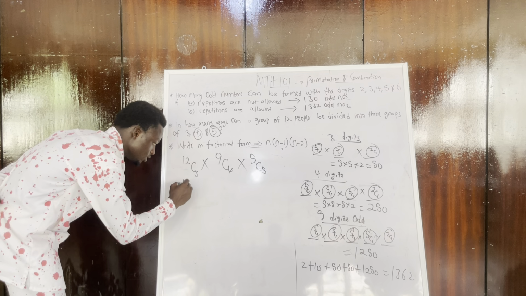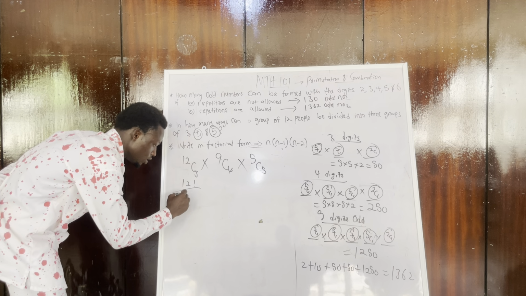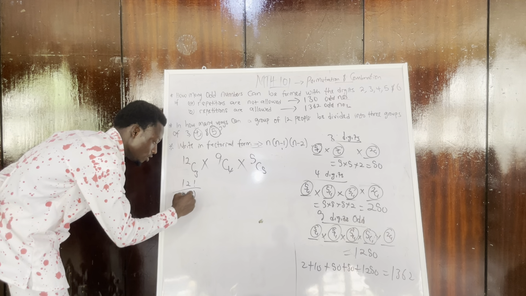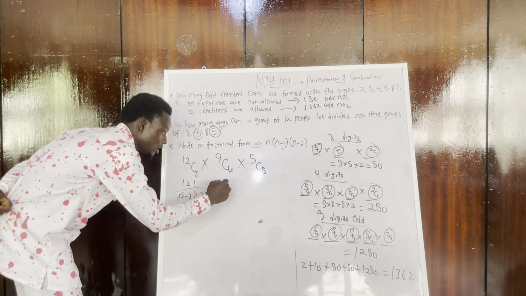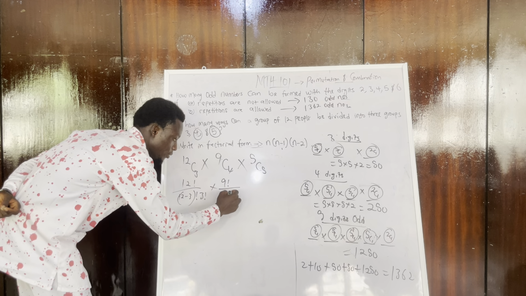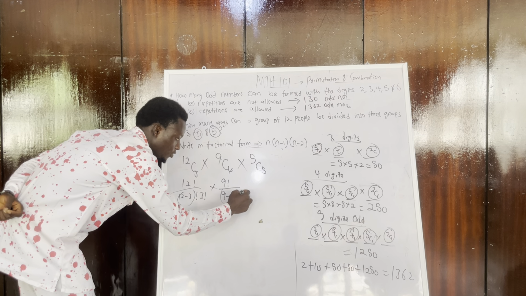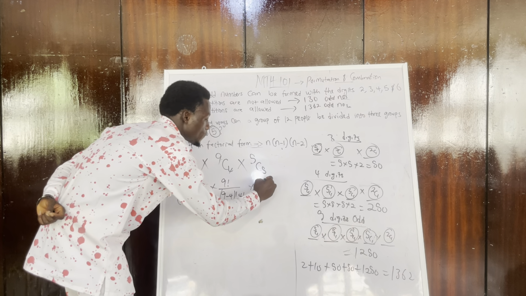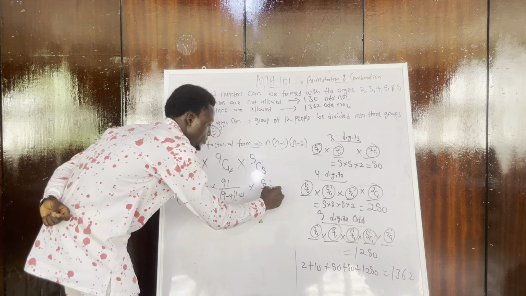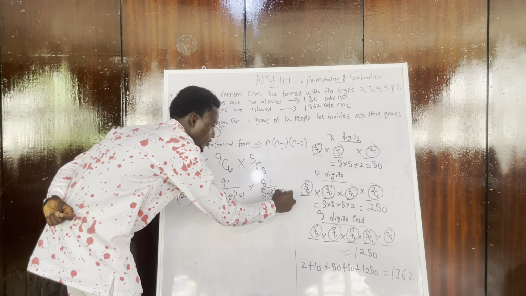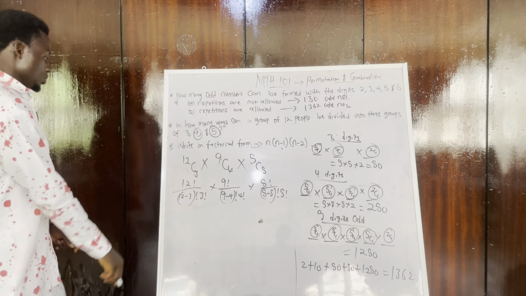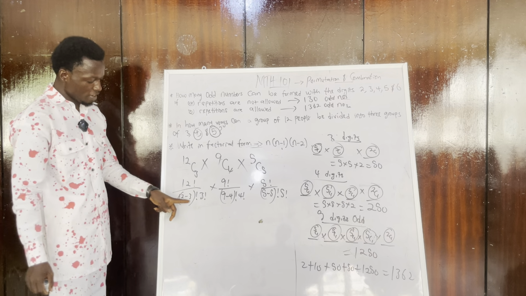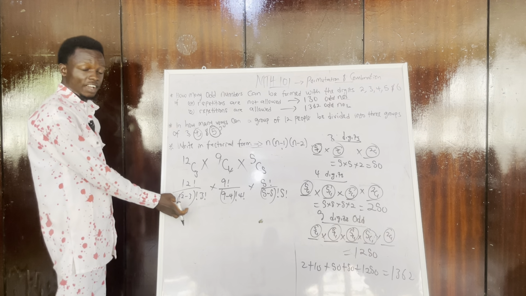Let's just solve that. This gives us 12 factorial over 12 minus 3 factorial 3 factorial, multiply by 9 factorial over 9 minus 4 factorial 4 factorial, multiply by 5 factorial over 5 minus 5 factorial 5 factorial. So 12 minus 3 is 9, so here we have 9 factorial.